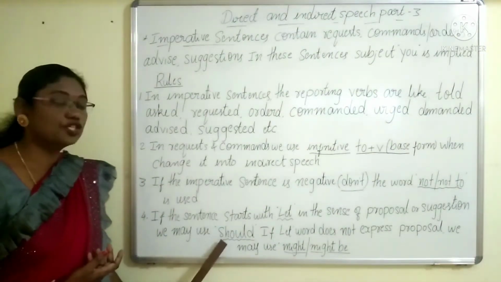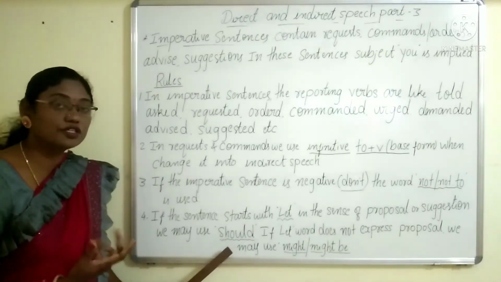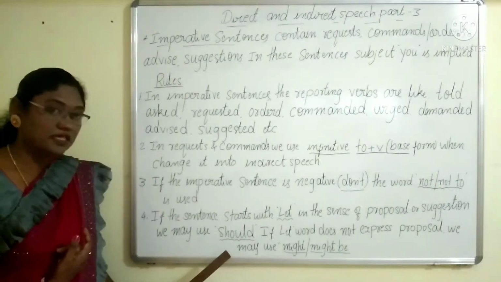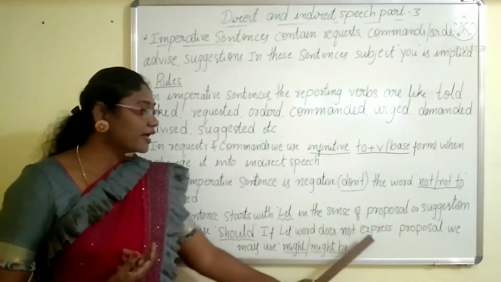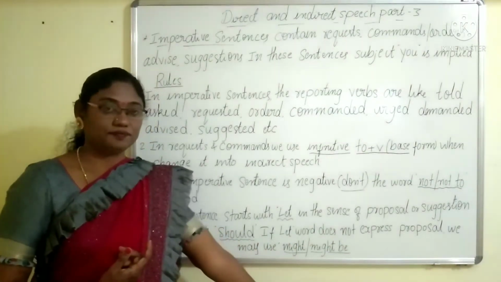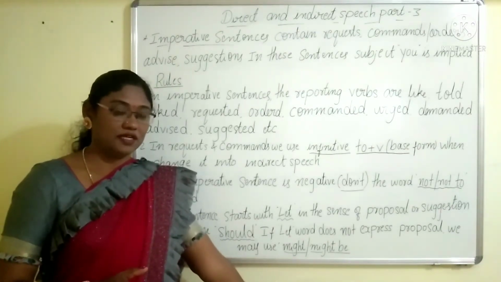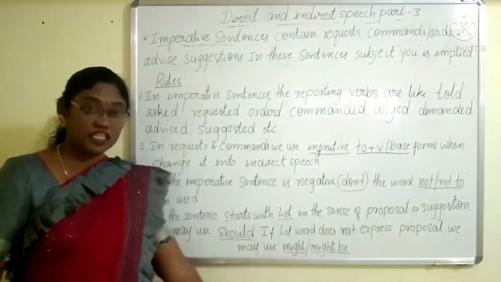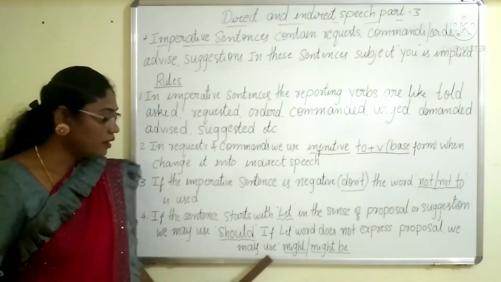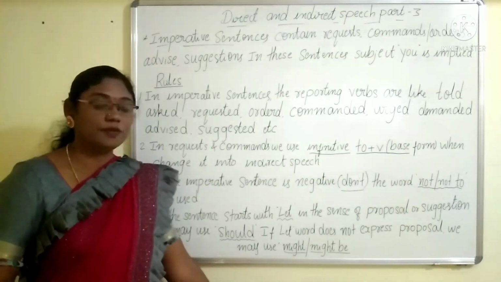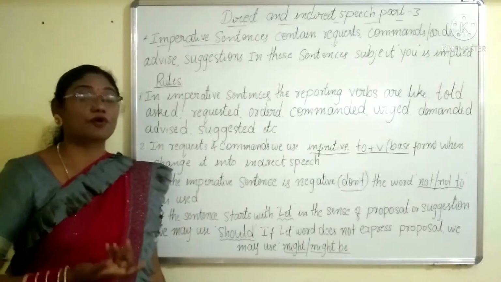We may use should. This is very important. We have to use should in reported speech. And if the word let does not express a proposal, and if it is in singular, we have to use might or might be in reported speech.